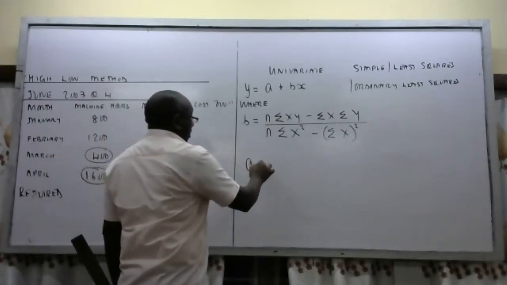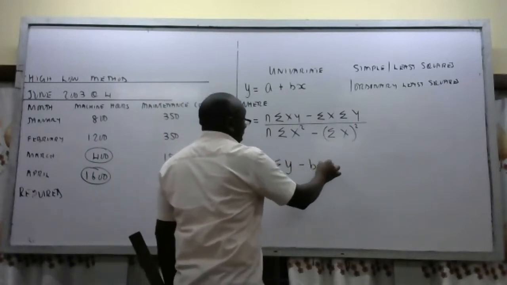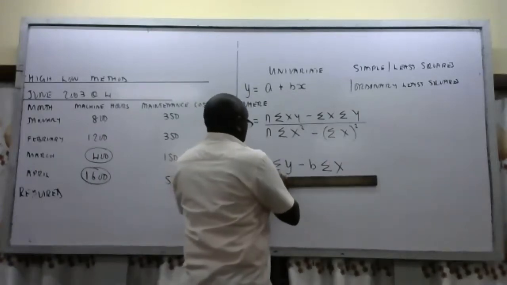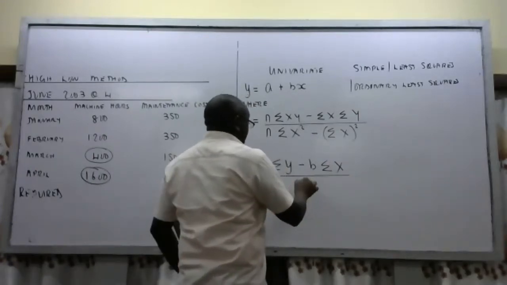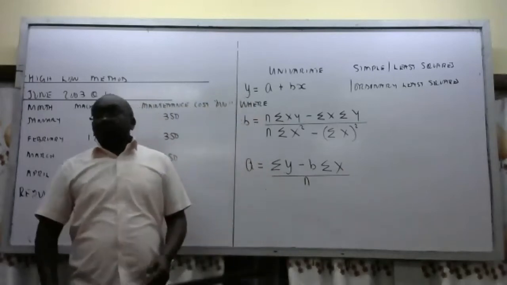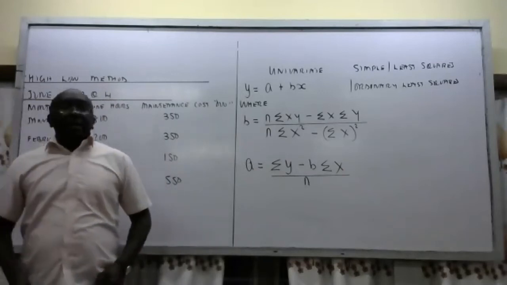And a is sum of y minus b sum of x, you divide by n.